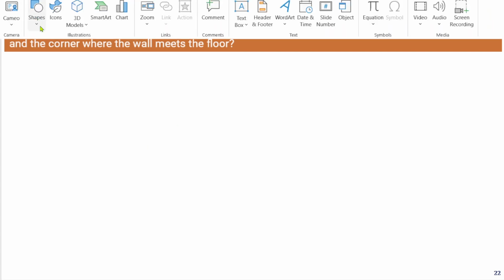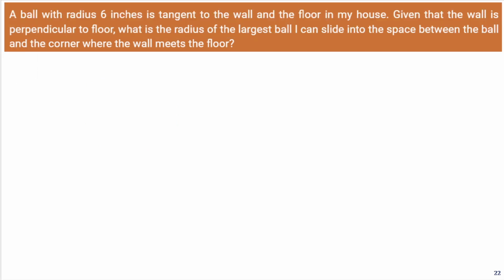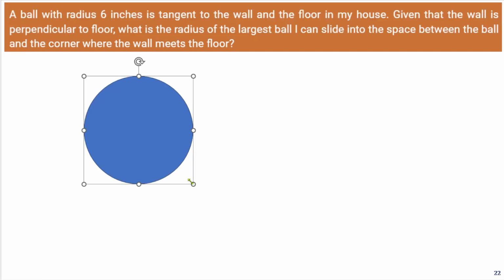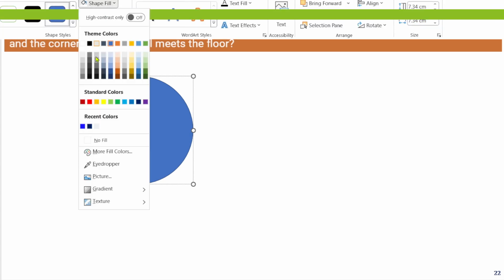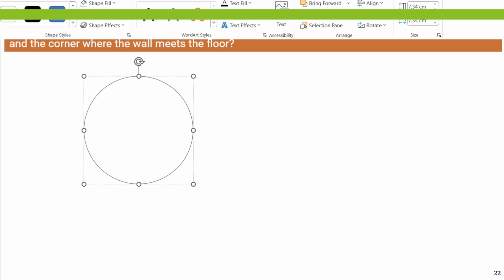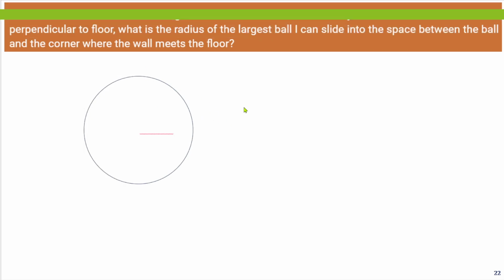Okay, let's use some tools here. A larger ball. And then we have a smaller ball.